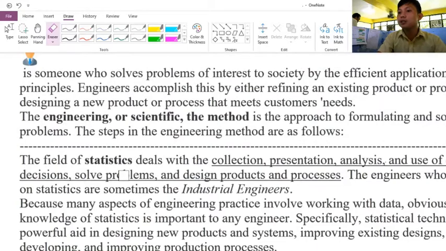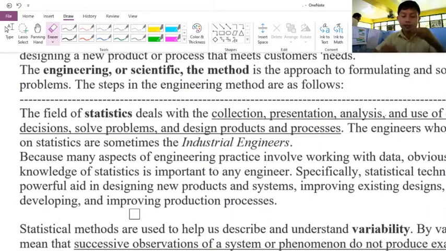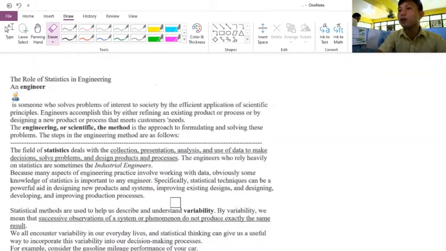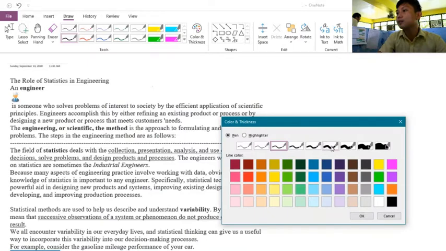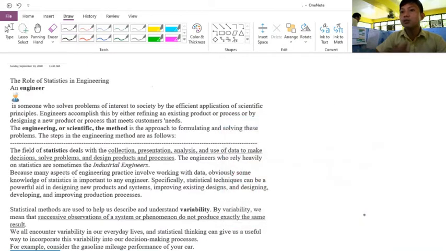Okay. So, going to statistics. So, the field of statistics deal with the collection.